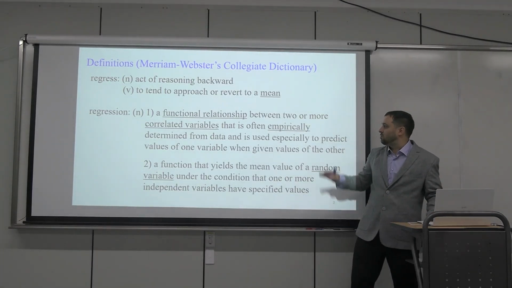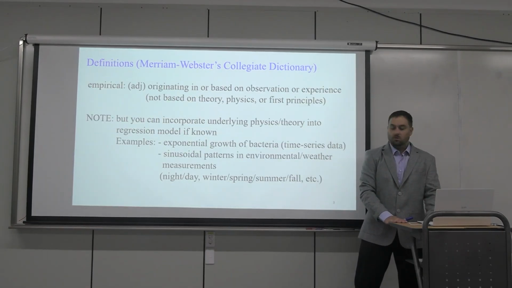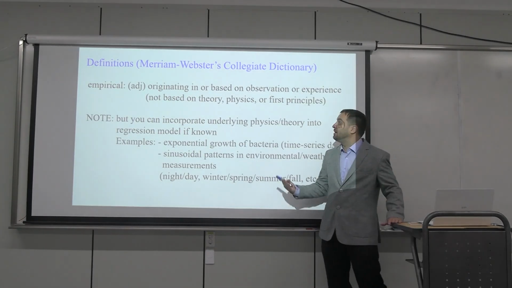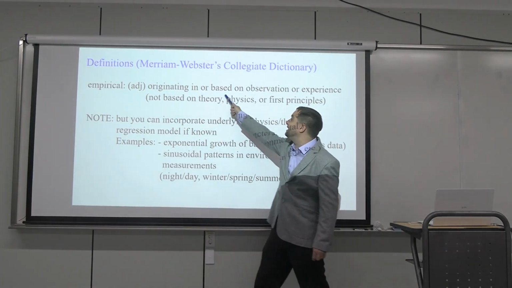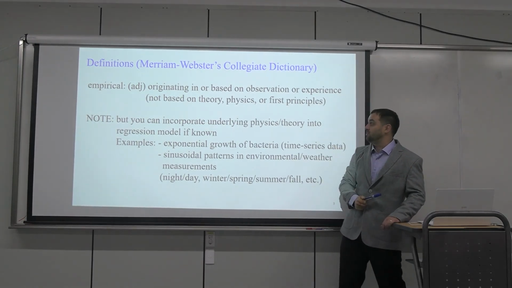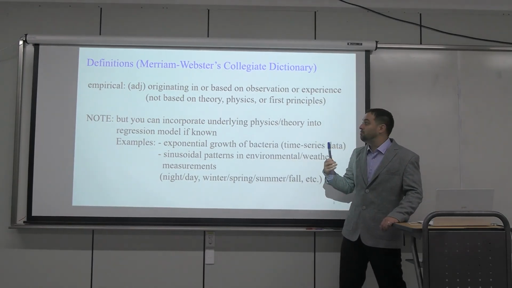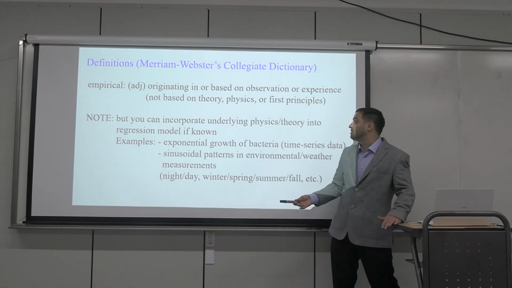Okay, so let's explore some of these key words. What does empirical mean? Empirical is an adjective meaning originating in or based on observation or experience. In other words, empirical is when we make observations about the natural world.